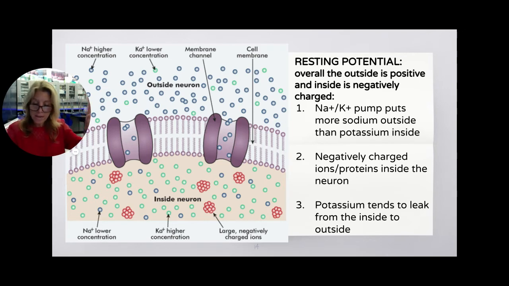Overall, more positives out than inside the neuron. Number 2 was those negatively charged ions or proteins on the inside of the neuron. And number 3 is the potassium tends to leak back outside. Now, why is that important? Because we have a differential.